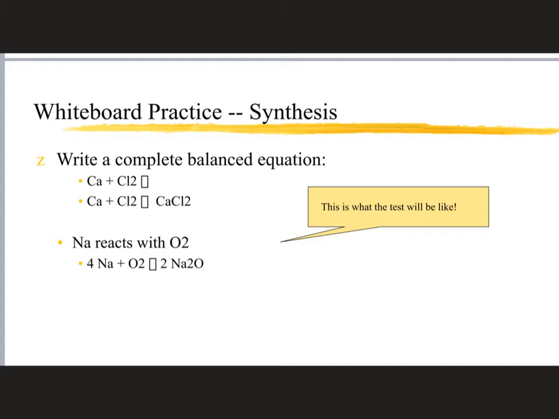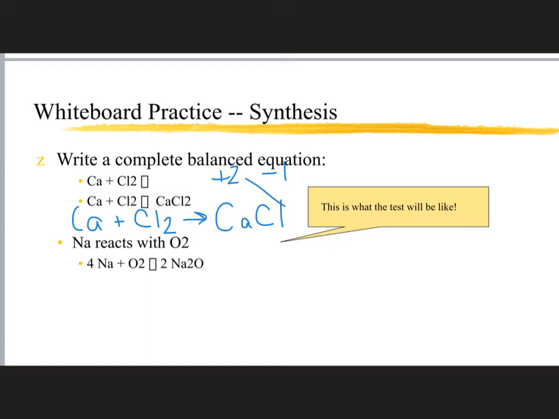So just a couple more examples with synthesis. The first one is the calcium reacting with chlorine. So chlorine is diatomic, calcium is not. And so then I'm going to create a product, calcium chloride. Calcium has a +2 charge, chlorine has a -1 charge.